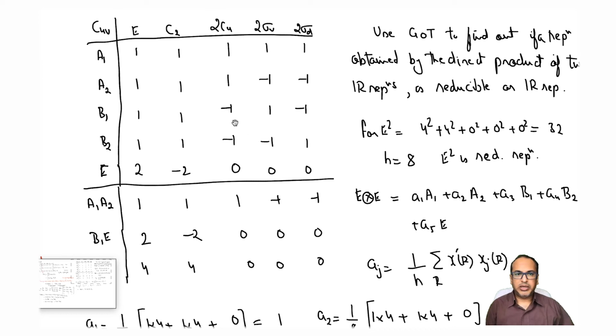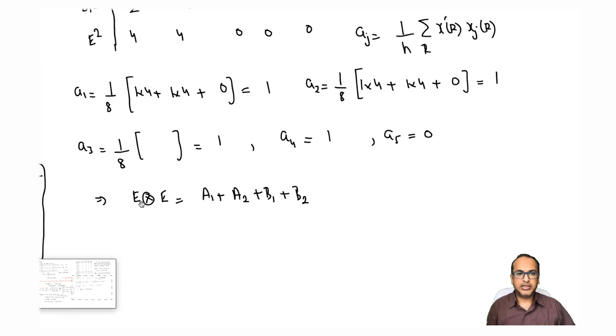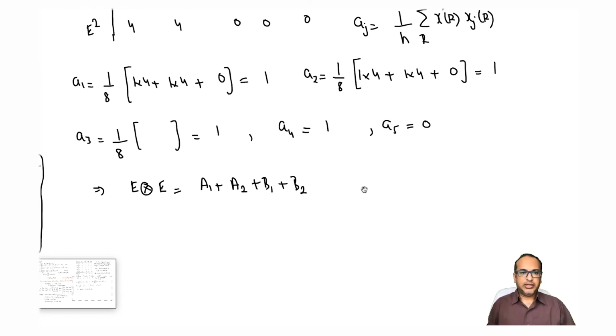Now 1 plus 1 minus 1 minus 1 is 0. Again there are 2 positives, 2 negatives, so 0. So it's very clear that this is a reducible representation and it gets reduced to A1 plus A2 plus B1 plus B2.